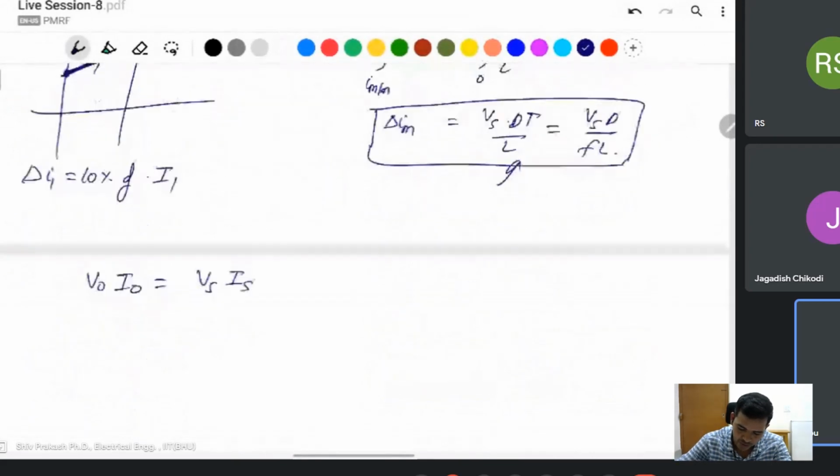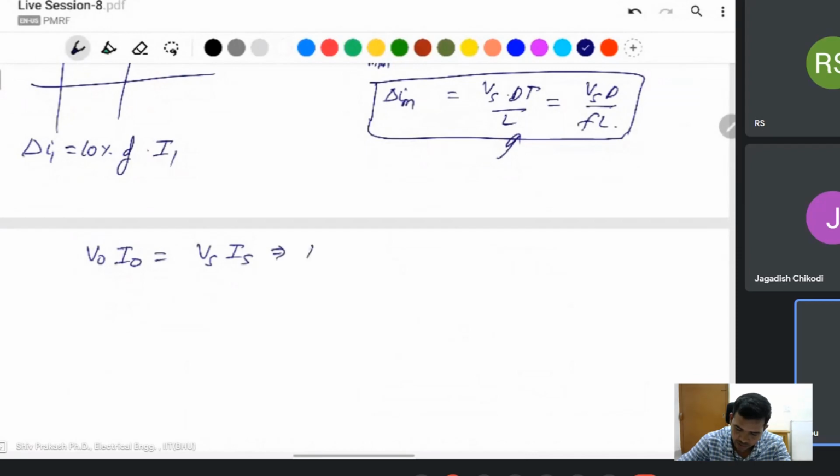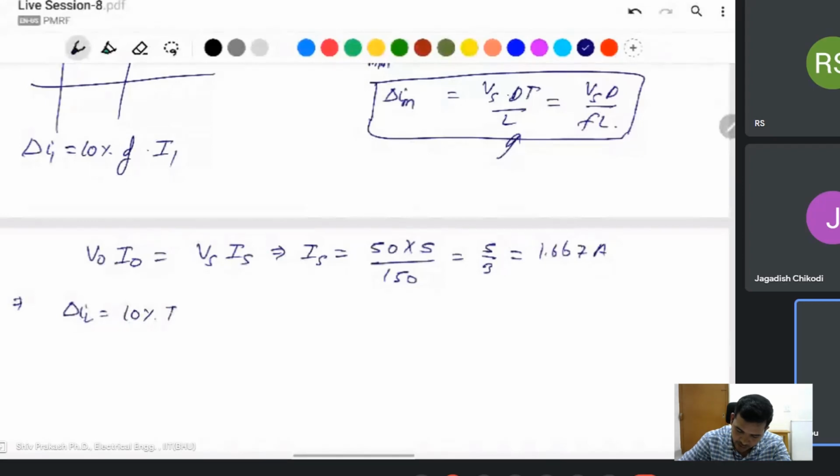Then Is you can calculate, 0.66 ampere. Then delta IL is 10% of this one, I1, 0.167 ampere.